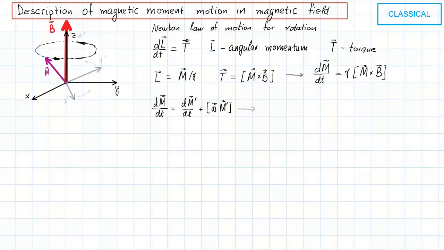Additionally, if we take into account that the magnetic field B is equal in both frames, then we'll get the following dynamic equation in the rotating frame. This equation can be rewritten in a form very similar to the initial form of the dynamic equation.